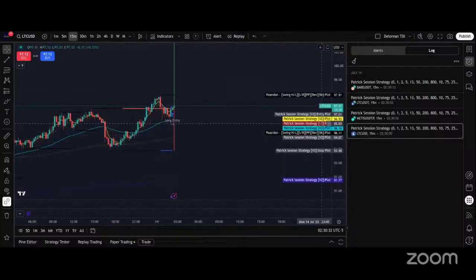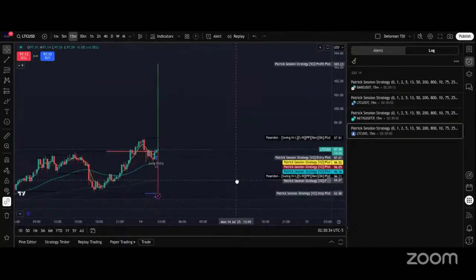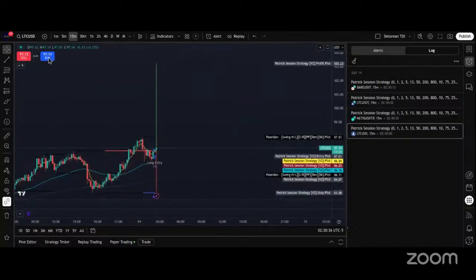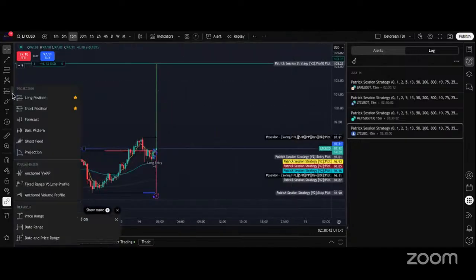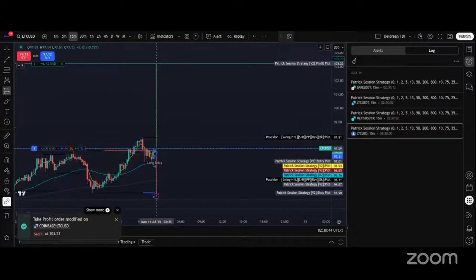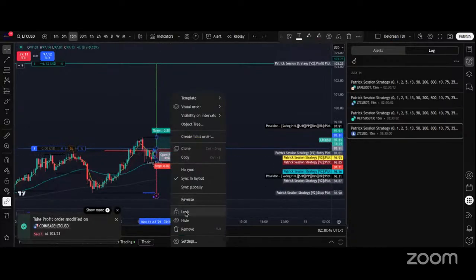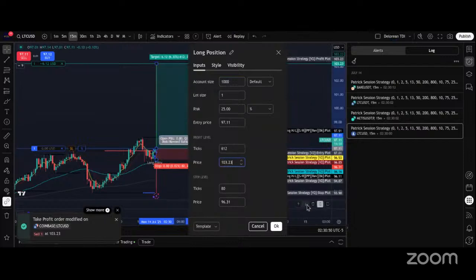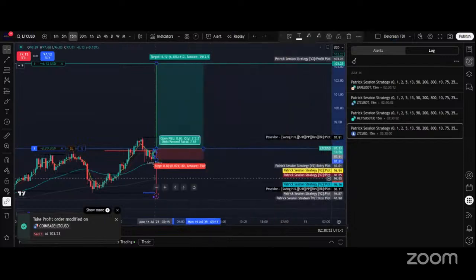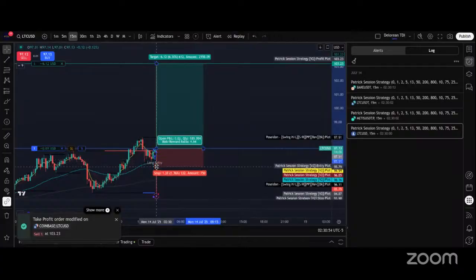The 5 EMA is over the 13 EMA. The buyers in control of the market. This is going to be a buy to 103.23. Again, a long position. They'll give us some more breathing room in this stop loss.